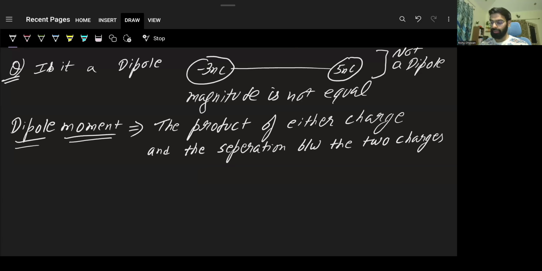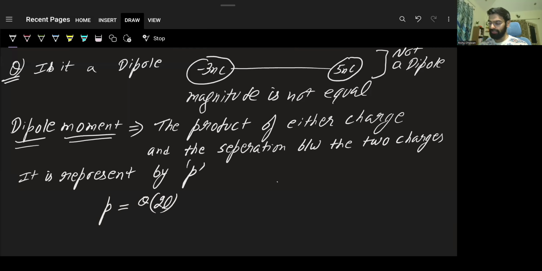That is our dipole moment. It is represented by a letter P. So how we define it? P is equal to Q, any charge, into 2L.